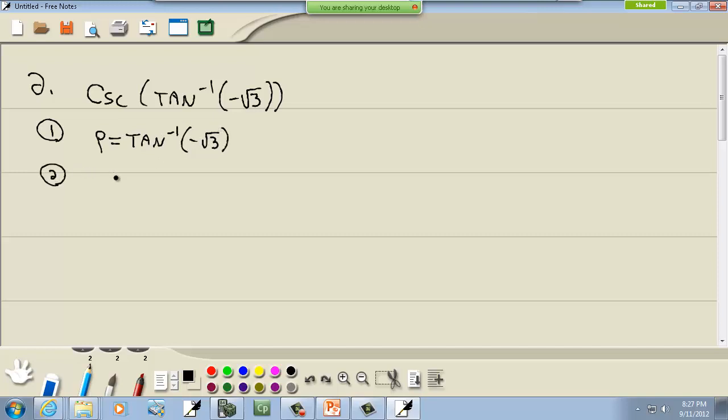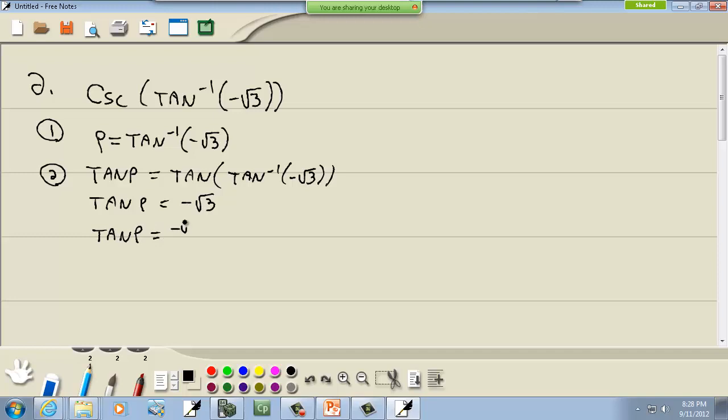Then step 2, we eliminate the inverse trig function, so we'll take tangent of both sides. So we get tangent p is equal to negative square root of 3. Now I'm going to write that in fraction form. So negative square root of 3 over 1.